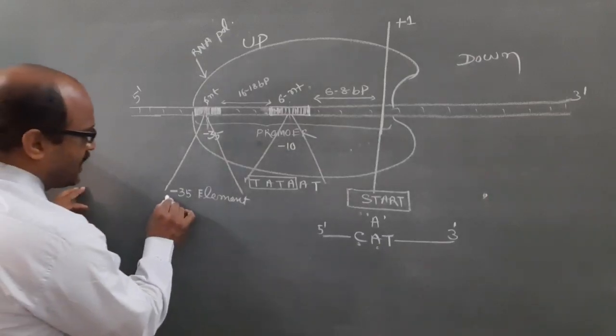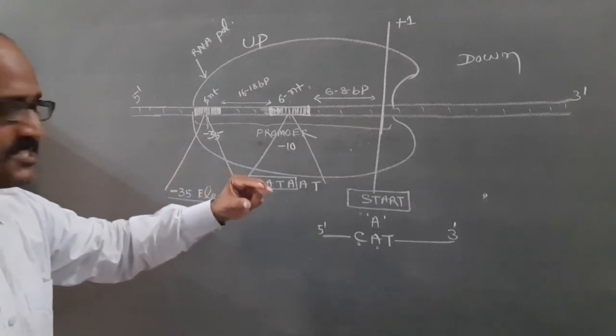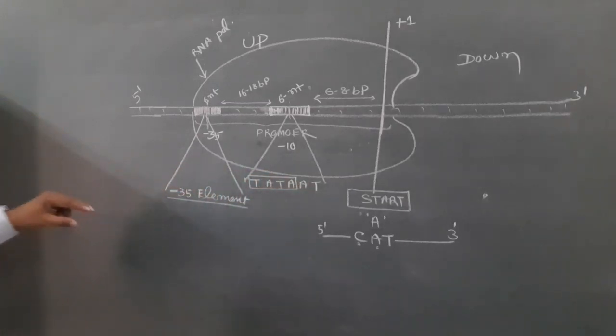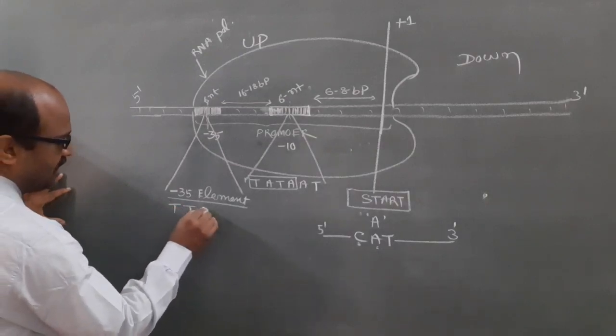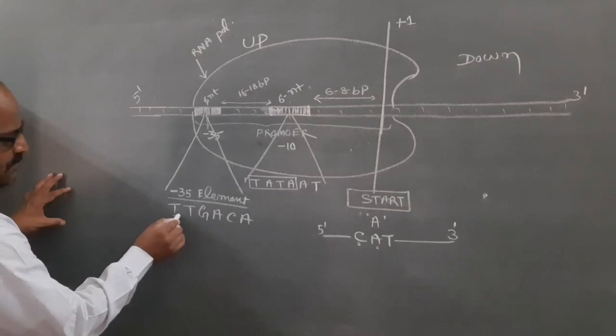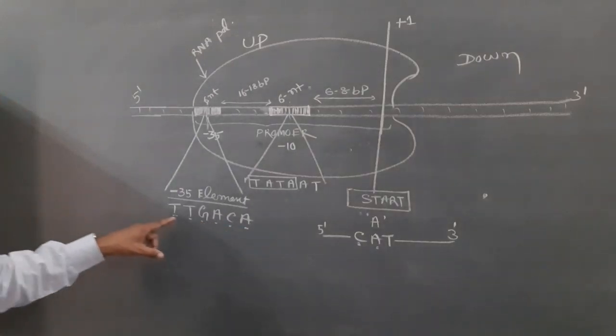In the minus 35 element the special sequence present is TTGACA: thymine, thymine, guanine, adenine, cytosine, adenine.